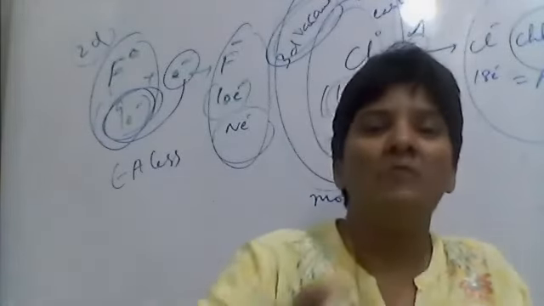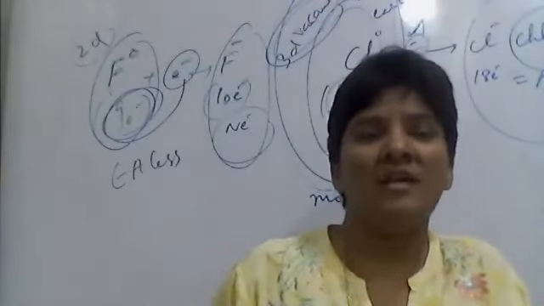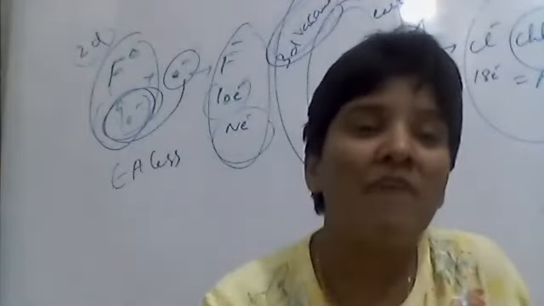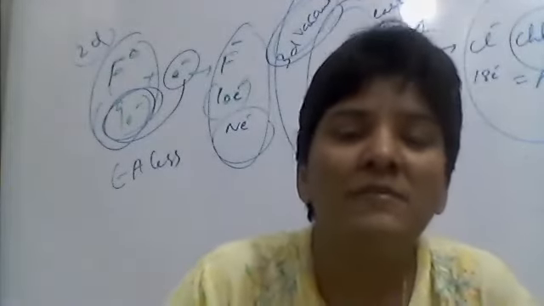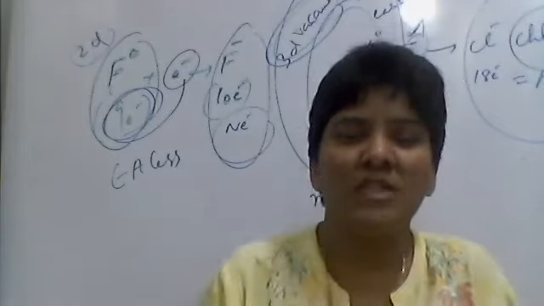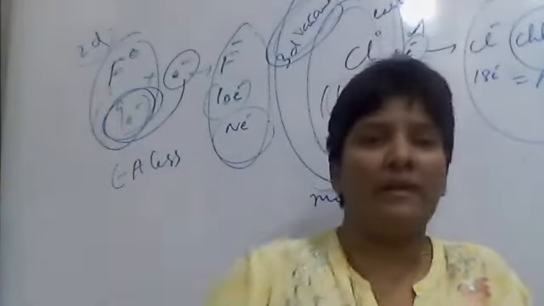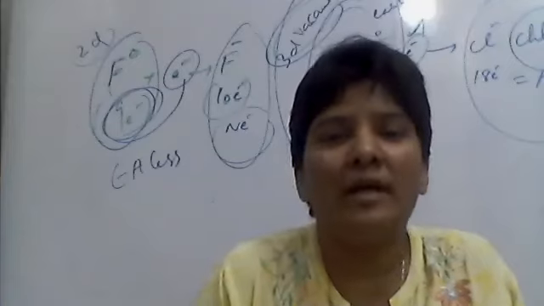transition. And for the movement of these electrons from one d orbital to another d orbital, they absorb one of the color lights from VIBGYOR. So when they absorb one of the colors, they show the complementary color.